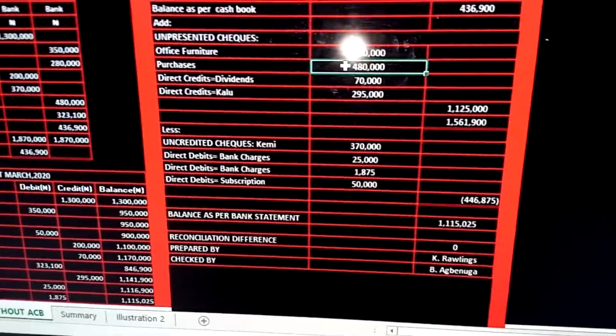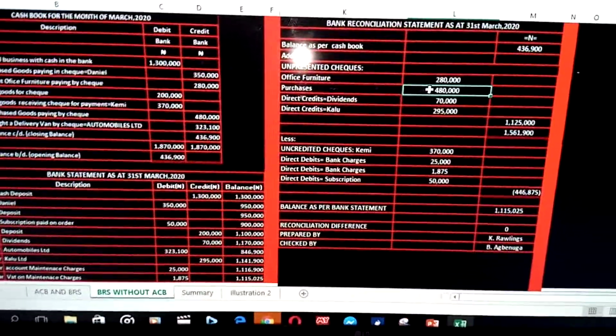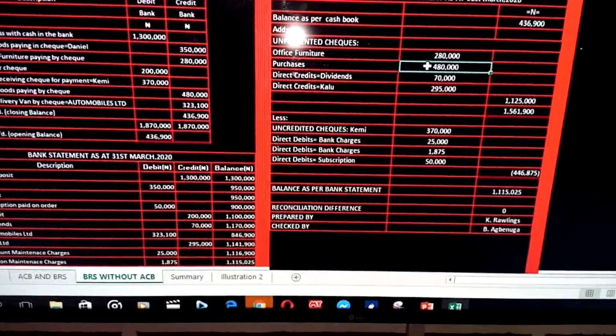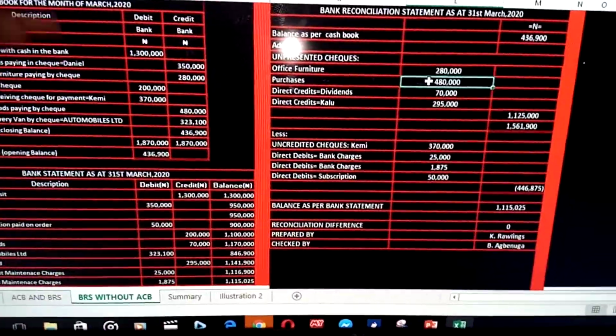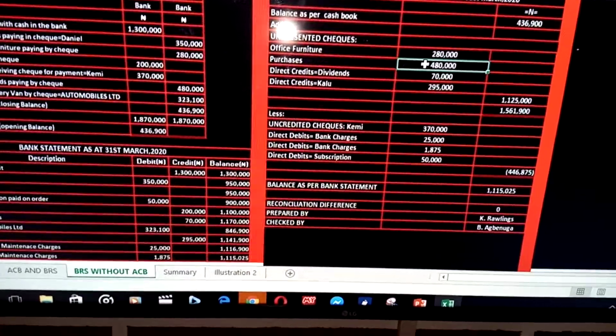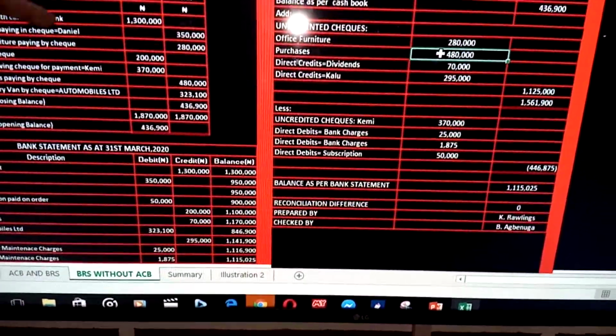So the idea here again, I'll say it again, is that you are checking cash book against bank statement against cash book. When you check the credit of your cash book against the debit of your bank statement, you must then check the credit of your bank statement against the debit of your cash book.